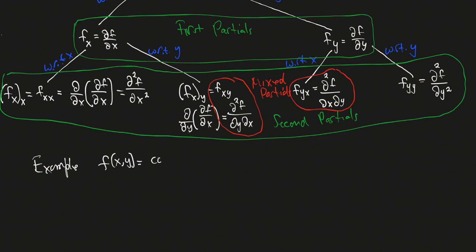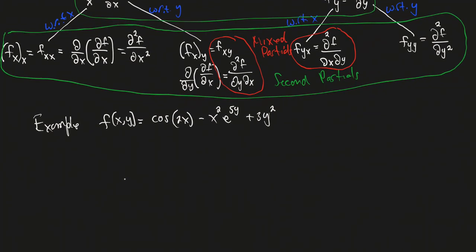It is the cosine of 2x minus x squared e to the 5y plus 3y squared. So there we go, right? Not terribly complicated, but now what we want to do is to find all the second partial derivatives, which means we have to start with all first partial derivatives.